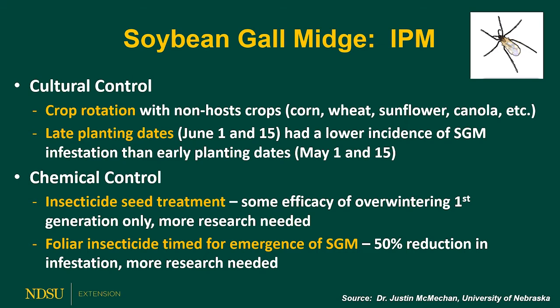For foliar insecticides that were timed at the emergence of the adult soybean gall midge, we only saw a 50% reduction in infestation, and we do need to do a lot more research on chemical control as well as other integrated pest management strategies.